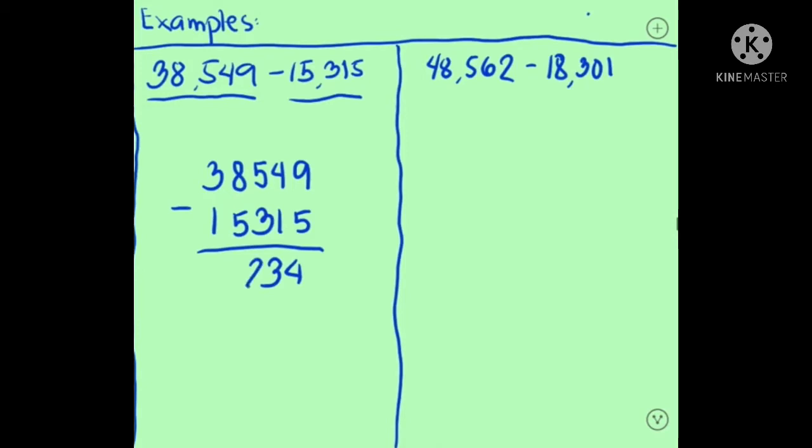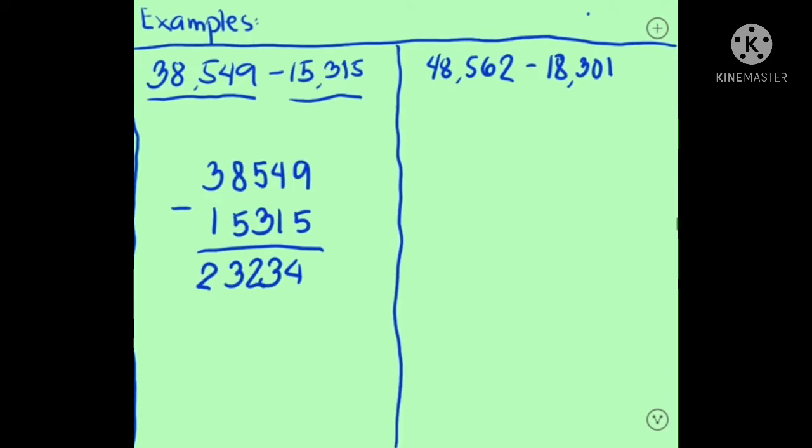Make sure they are aligned, alright? Oh, this one, just like joining numbers. Okay. Next, 8 minus 5. 8 minus 5 is 3, correct? And then 3 minus 1. That is 2. Okay? And then don't forget our comma.